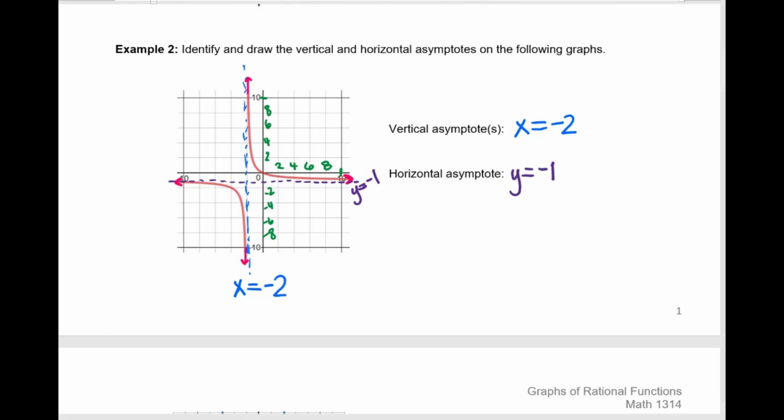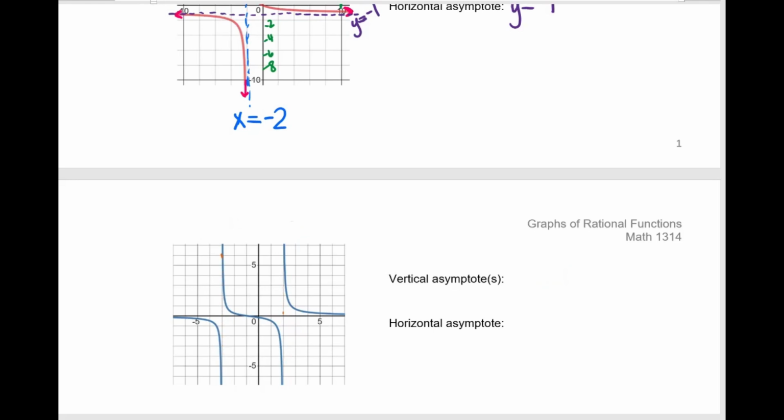Let's try another one. We're going to look at our graph, and if we're looking for vertical asymptotes, we're looking where our graph skyrockets up or drops down to the ground. And if you notice, working from left to right, there are two different breaks in our graph where one side just plummets to the ground while the other side goes up, which means that we are going to have two separate vertical asymptotes.